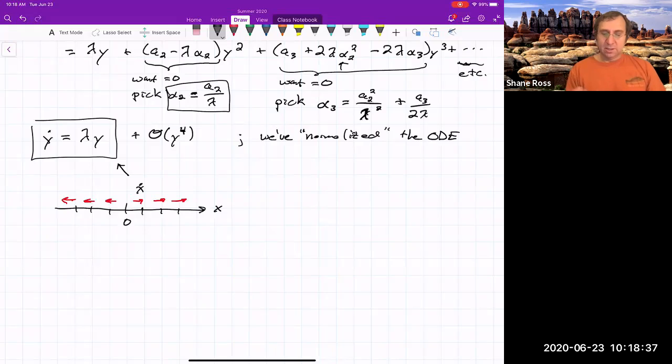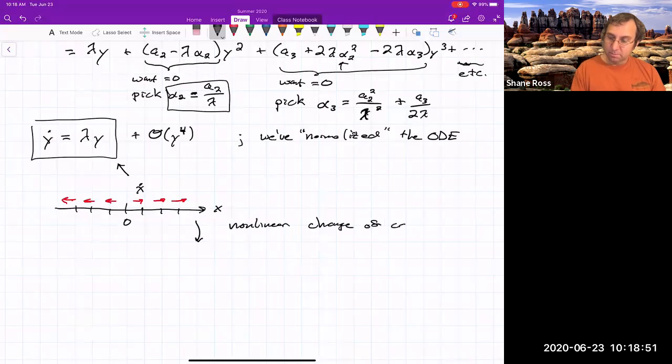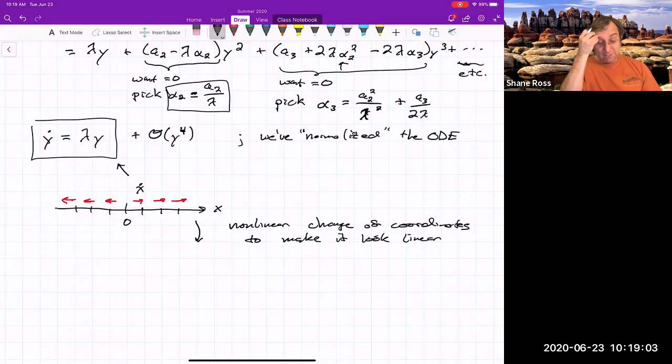But we took this that may have had some nonlinearity to it, but we did a nonlinear mapping, or let's say nonlinear change of coordinates, to make it look linear. When I say make it look linear, that means it's topologically equivalent to a linear system.